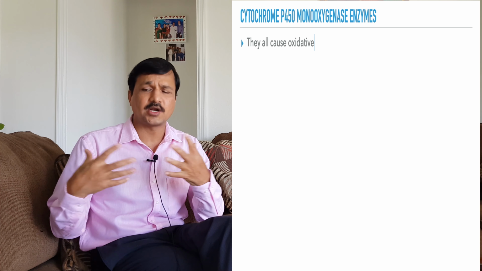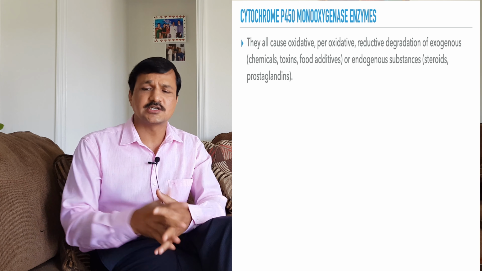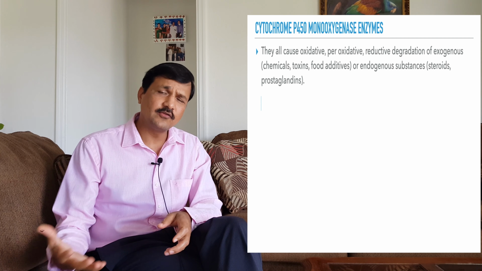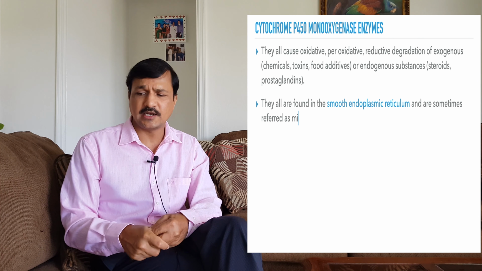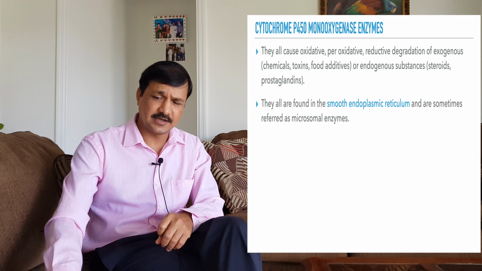Now, let us look at the general principles and properties of cytochrome P450 monooxygenase enzymes. All of these enzymes cause oxidative, peroxidative and reductive degradation of exogenous or endogenous substances in our body. They are all found in the smooth endoplasmic reticulum and are sometimes referred to as microsomal enzymes.